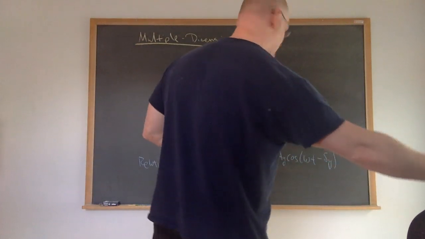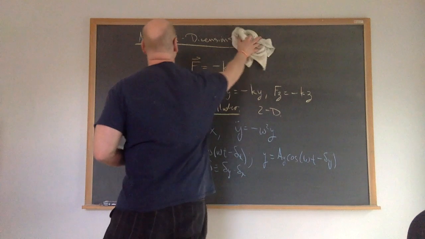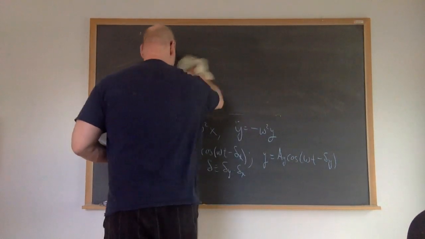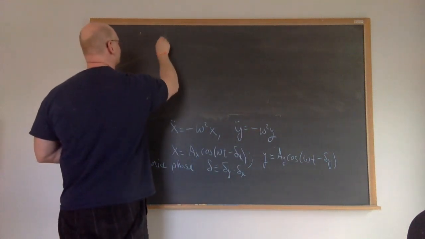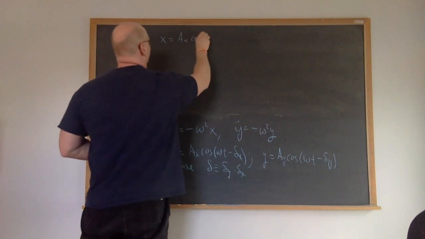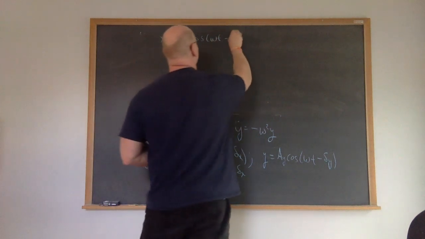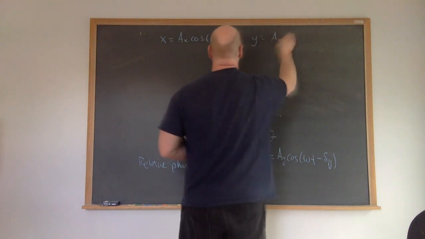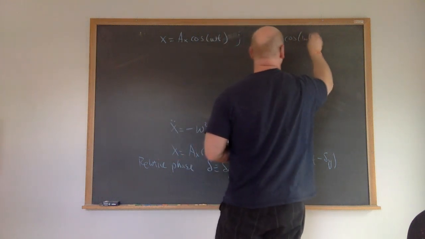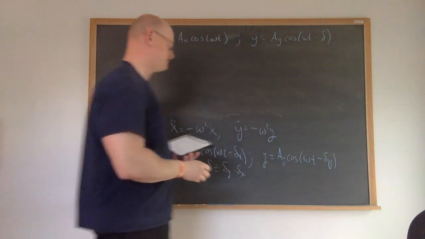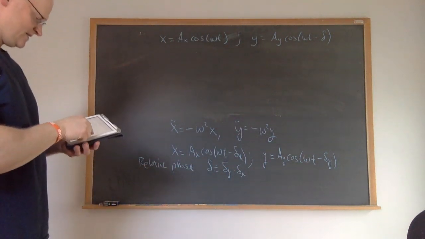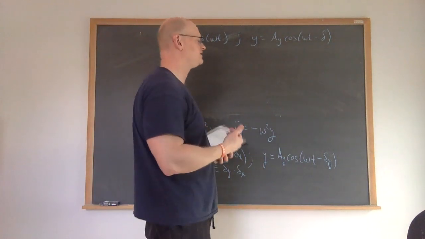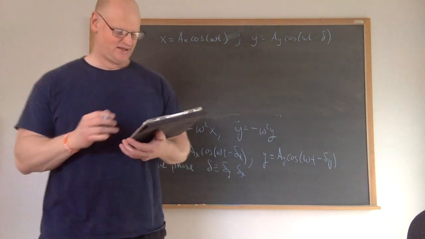If I do that, and we introduce this relative phase, we can rewrite this as x equal to Ax cosine of omega t, and y equal to Ay times cosine of omega t minus that relative phase. So basically, the motion of this is going to be dictated primarily by this relative phase.